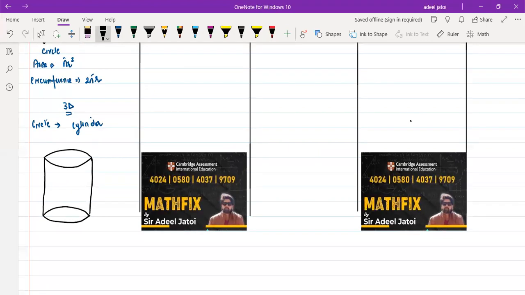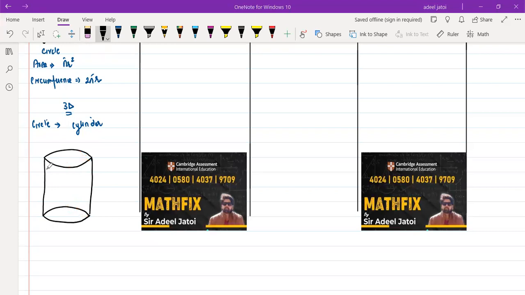This is your circle top, this is your circle bottom, this is your height, right? This will be your radius, right? This will be your height. So this particular line will also be your radius, because there are two circles and in height.